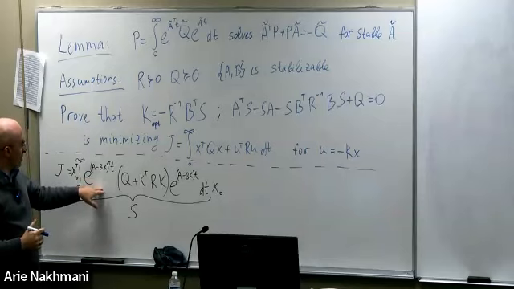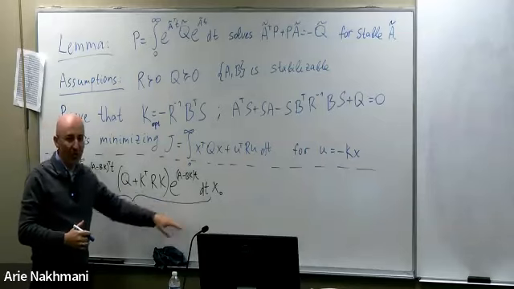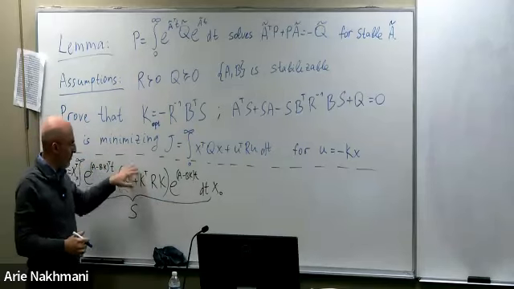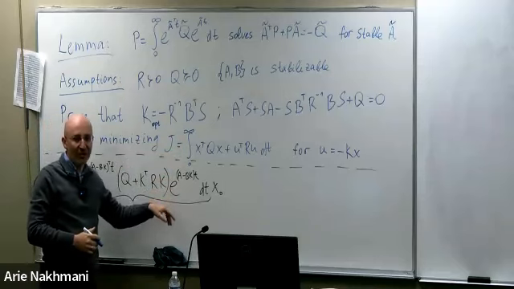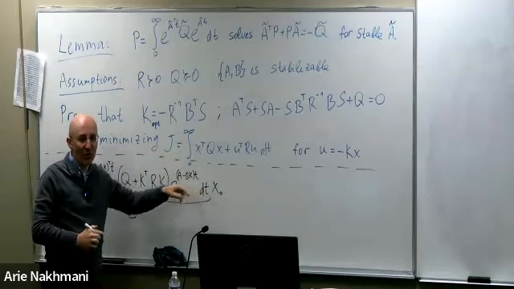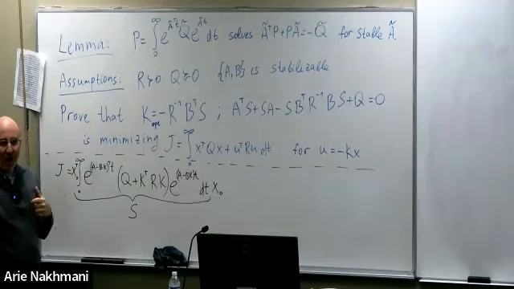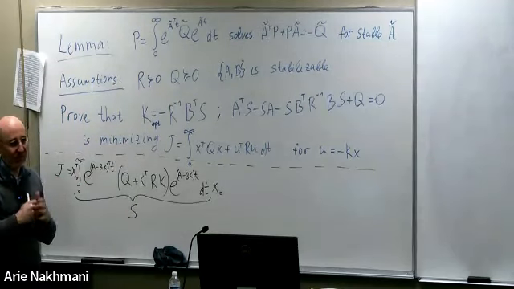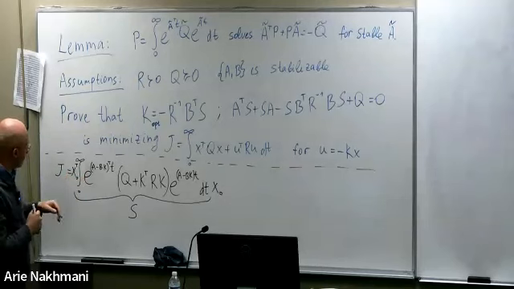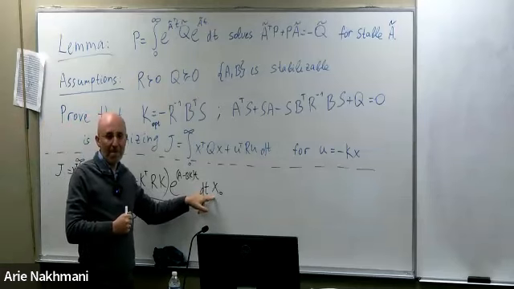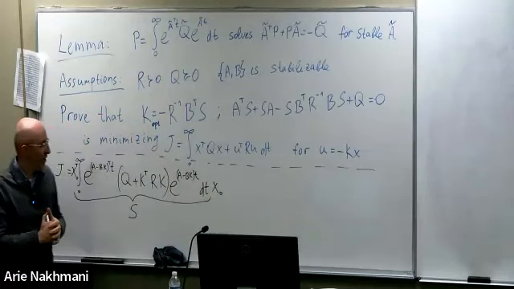When we substitute everything, we got to the stage where you can write it as x0 transpose times that exponent times some matrix times another exponent, and then again times x0. And since x0 is constant, you can take it out of the integral, right? Just a constant vector. So I took it out here, and I took it out there.